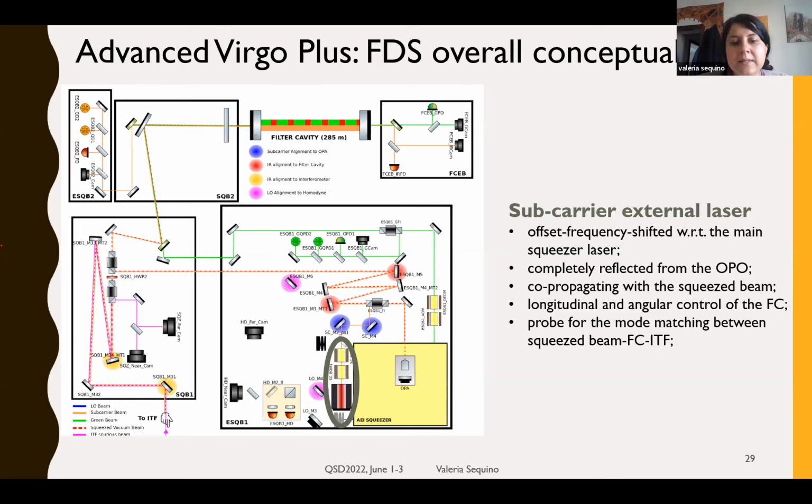This beam will be used, as I said before, for the longitudinal but also for the angular control of the filter cavity, and also as a probe for mode matching between the squeezing beam, the filter cavity, and the interferometer, because we must not forget that our squeezing beam is vacuum squeezing. Then we need a bright beam that is co-propagating with our squeezed beam and can help us in aligning and mode matching.